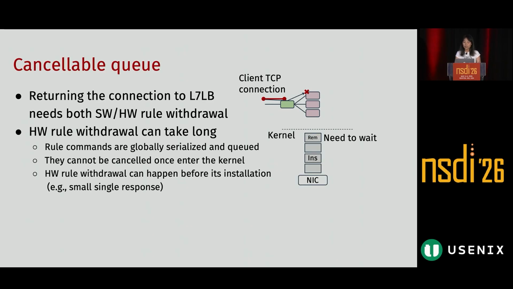But the problem here is that hardware rule withdrawal may take some time, because TC Flower commands are globally serialized in the kernel and cannot be canceled in the queue. This is especially serious in a case where a connection needs to be returned to the layer 7 load balancer after a server is only capable of serving a very small number of requests. So it is possible that the connection has been migrated back, but the hardware rule insertion command is still in the queue.